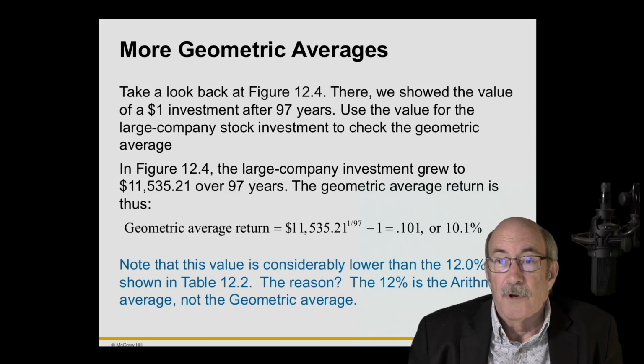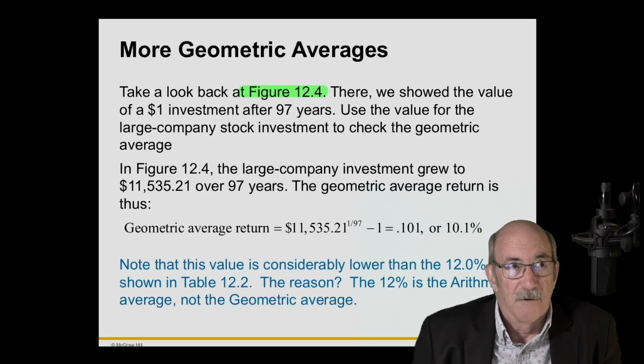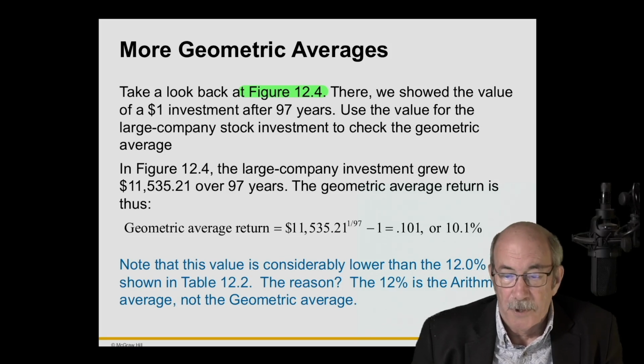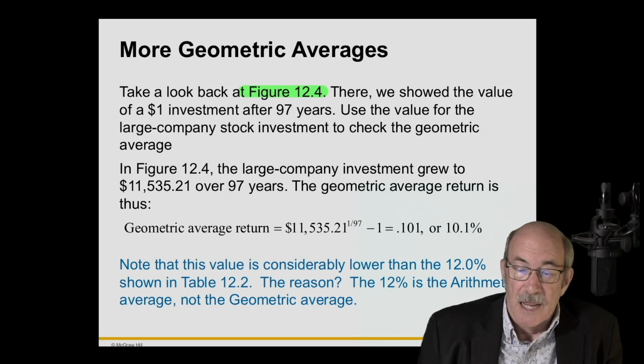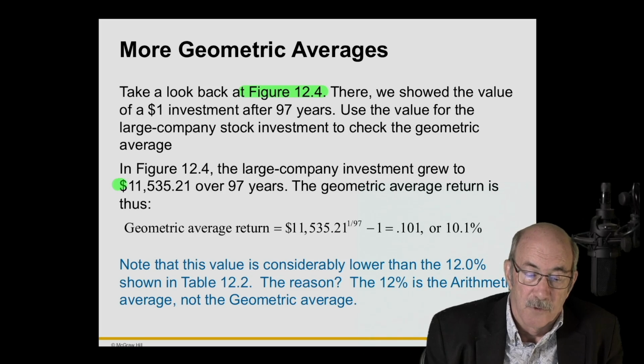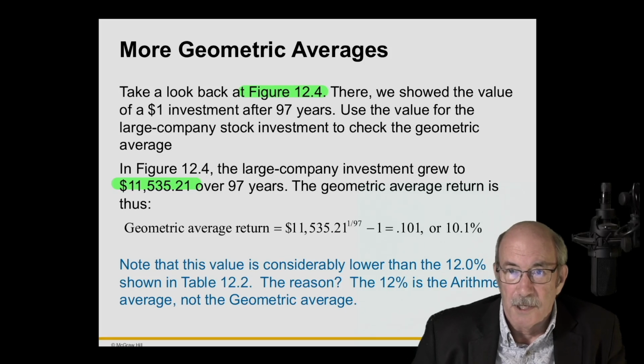Okay, so if we look back to figure 12.4, where we're looking at those various small cap, large cap, corporate bonds, treasury bonds, and so forth, what we saw was that $1 invested in 1925 would grow to be $11,535.21 by 2020.